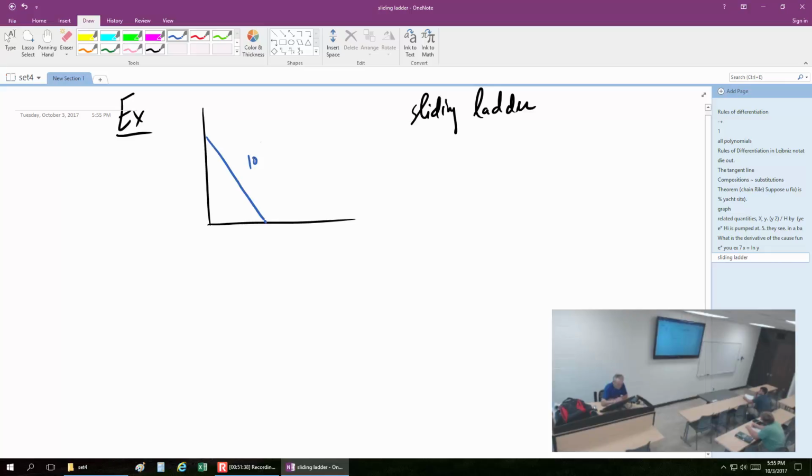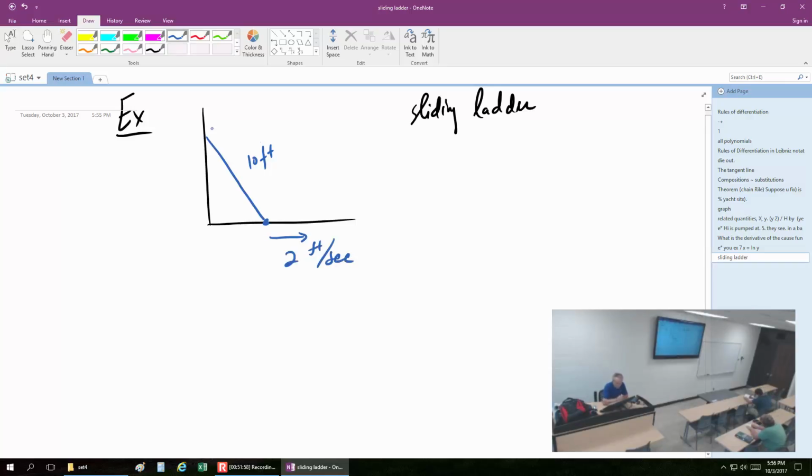Suppose it's 10 feet long. I'm sorry, actually what we're saying here is that the bottom of the ladder is sliding at 2 feet per second.